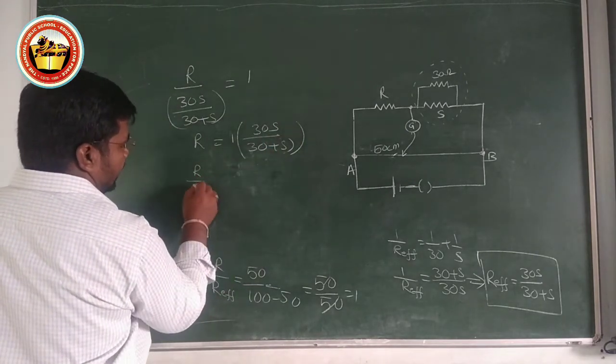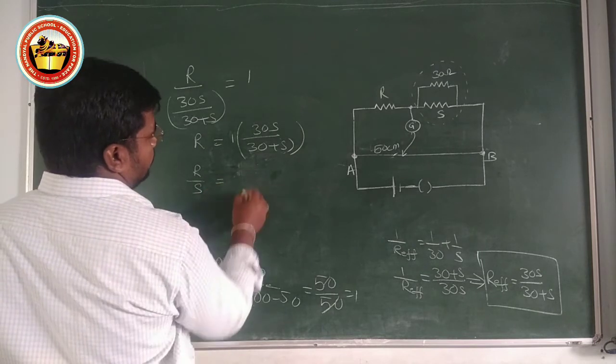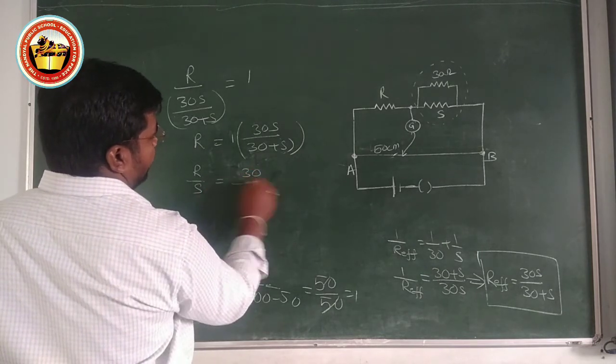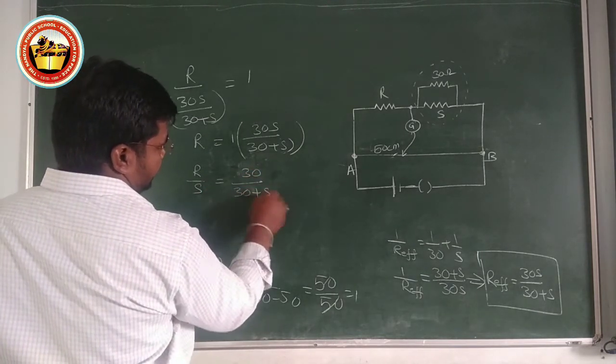R divided by S is equal to 30 divided by 30 plus S.